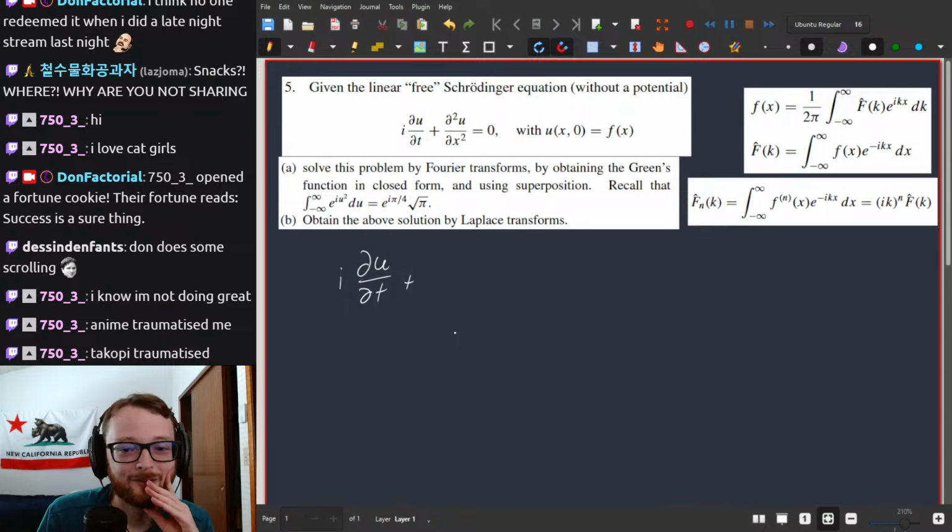Okay, so we're gonna take the Fourier transform in X. For part B, we're gonna do the Laplace transform in T. So this is a second derivative, so it's gonna be a negative k squared. Oop.